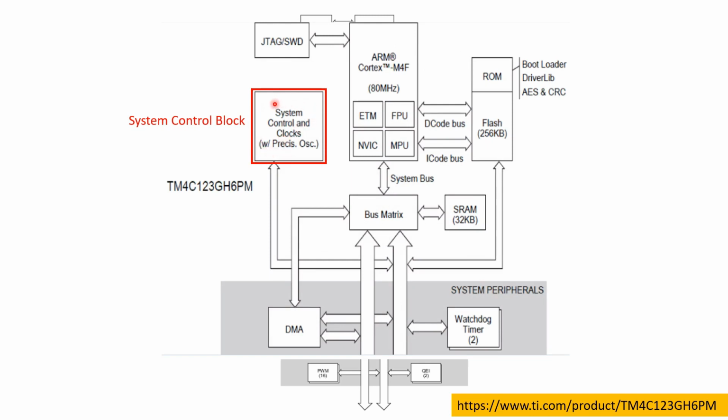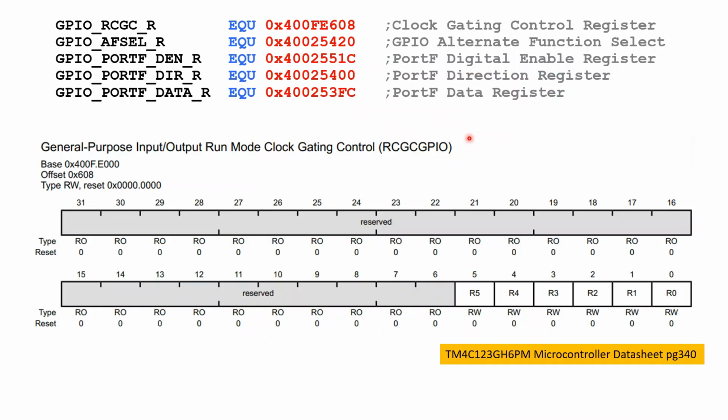The clock gating control register is located in the system control block. Now, the clock gating control register is used to control the clocking for the GPIO modules. It has a base address of 400FE000.